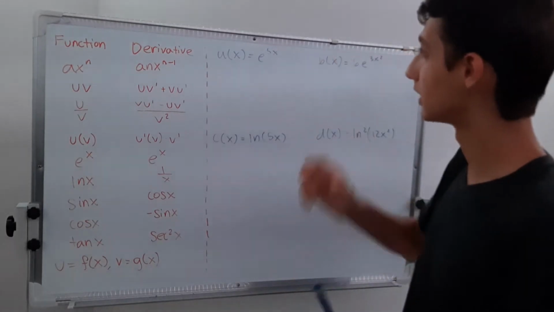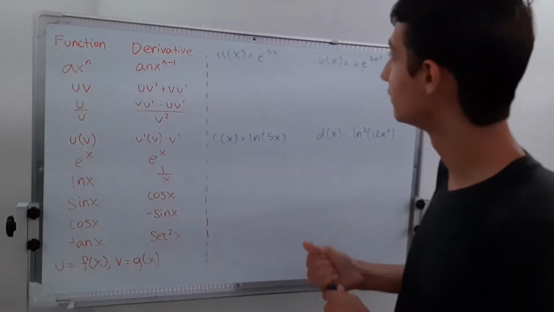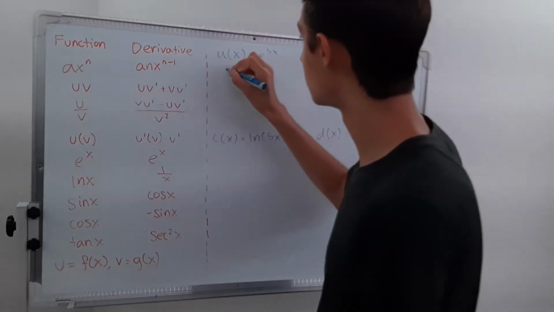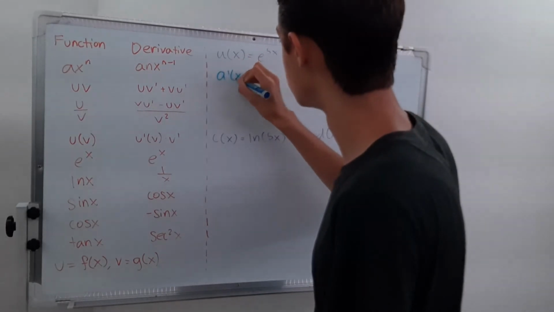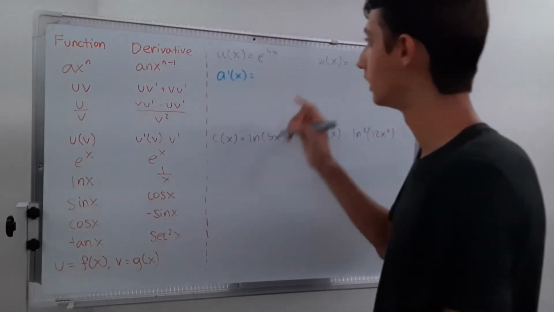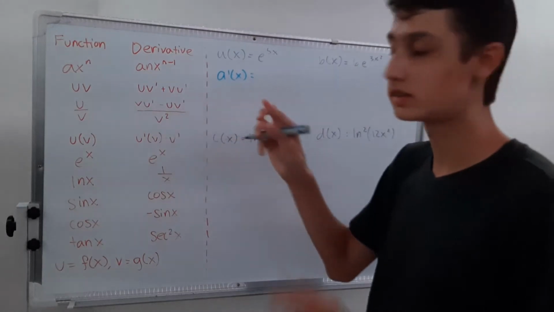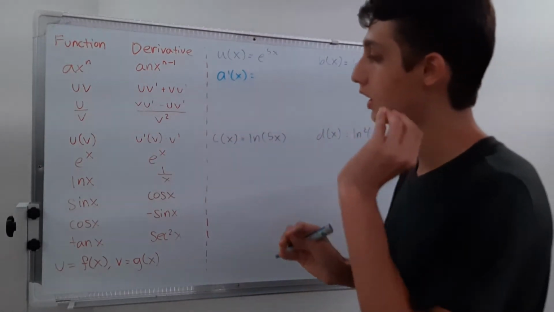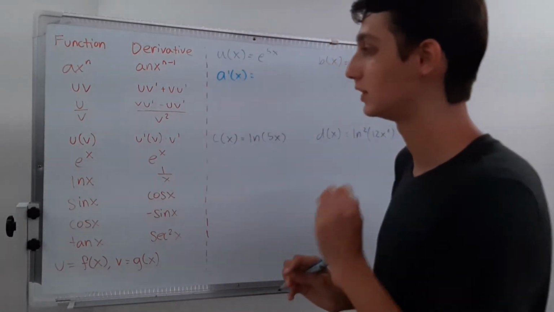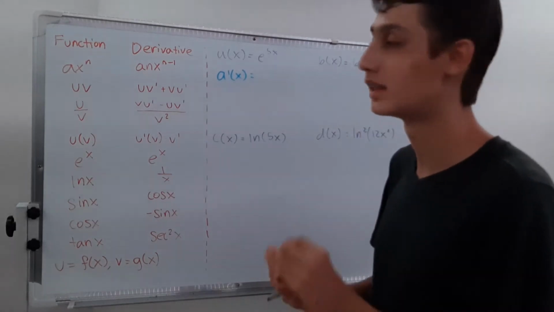So a of x is equal to e to the 5x. So a prime of x is going to be, it is actually extremely beautiful how the derivative of e to the x is itself.